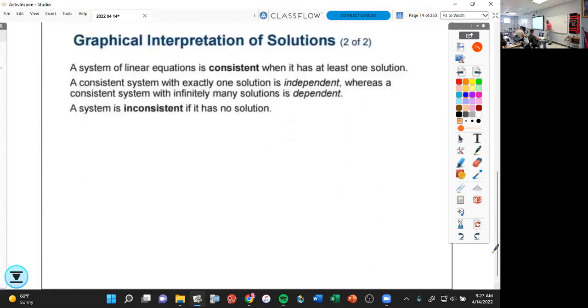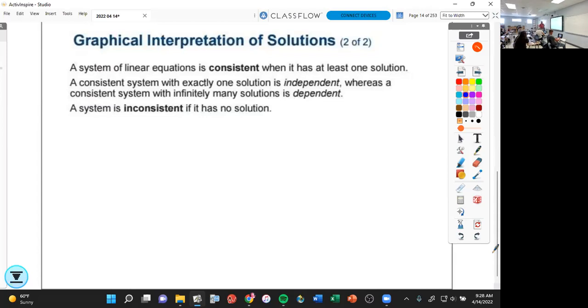We have a couple of different words to talk about. We have consistent, inconsistent, dependent, and independent. If you tell me a system is inconsistent, you are telling me there's no solution. If you tell me it's inconsistent, you don't have to tell me anything else. Inconsistent, no solution. Okay.